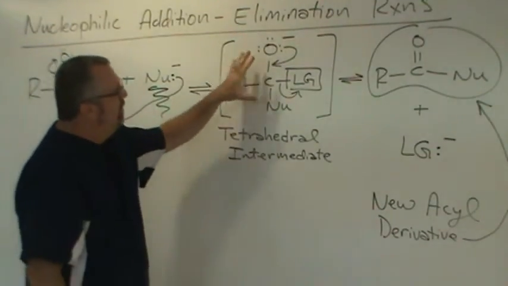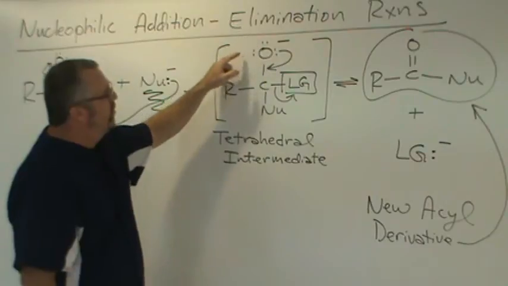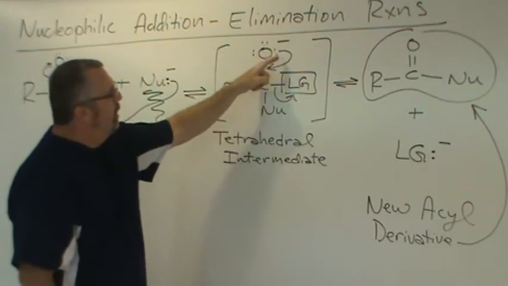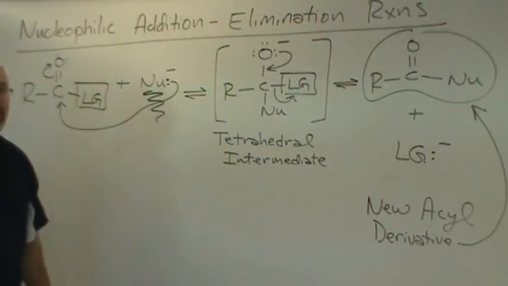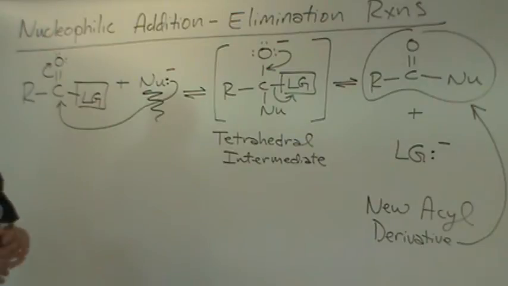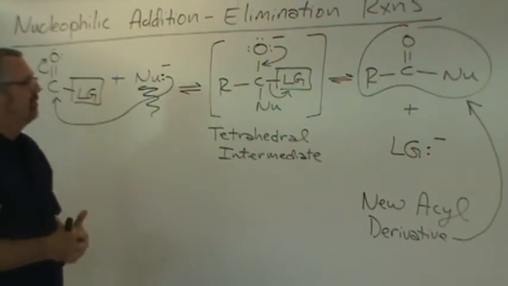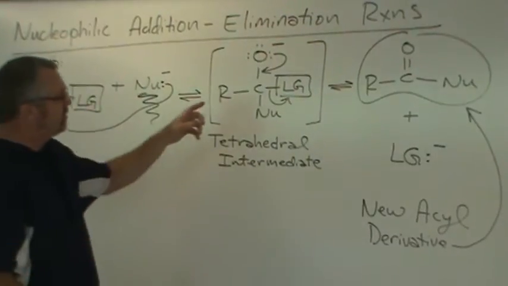What will happen is once the tetrahedral intermediate has been formed, one of these lone pairs, it doesn't really matter which one you pick, will bump back down to reform that carbon-oxygen pi bond. That carbon-oxygen pi bond in a carbonyl group is unusually stable as pi bonds go, so there's definitely a thermodynamic driving force, an energetic driving force to want to get there.